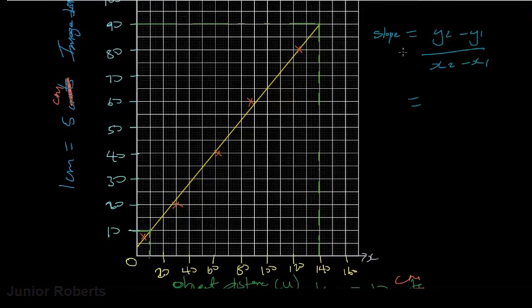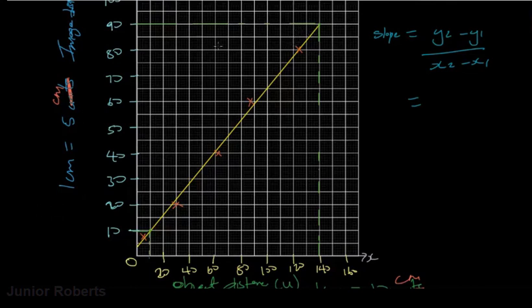So let us read off y2 and y1 quickly. We get y1 here. What would y1 be, based on my graph? Okay, so you're saying y2 would be 90.